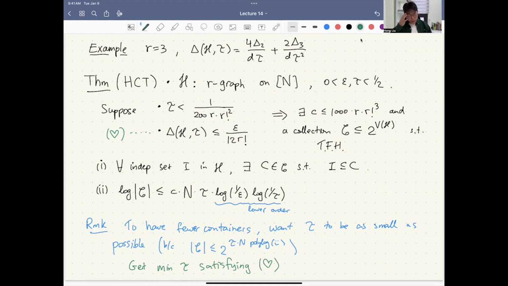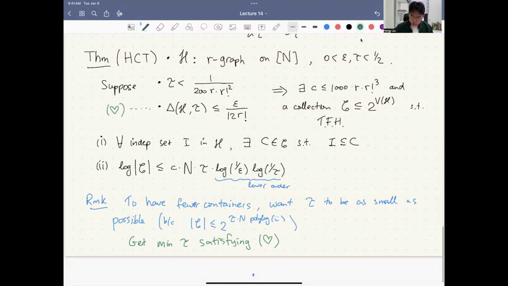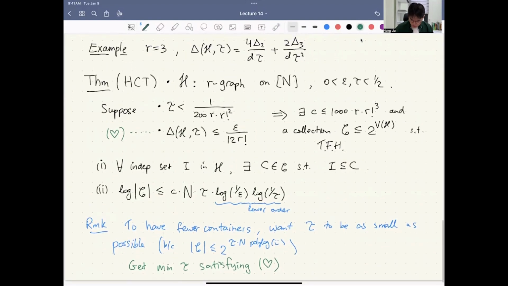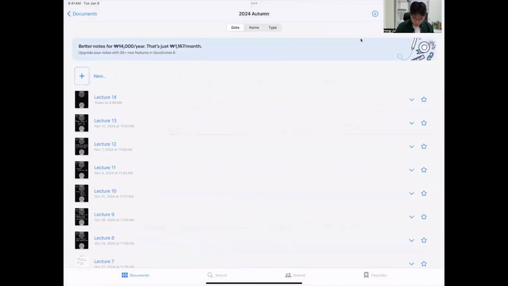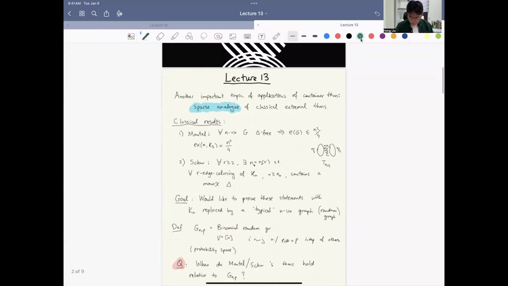All right. Let's see an example of how we get the containers for triangle-free graphs. Remember, for triangle-free graphs, let me remind you.